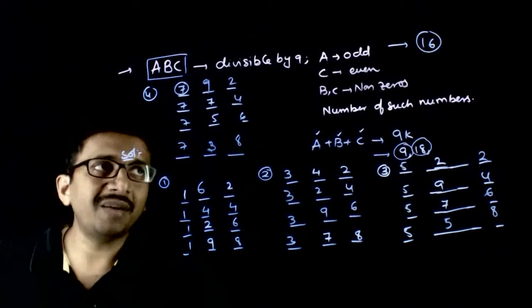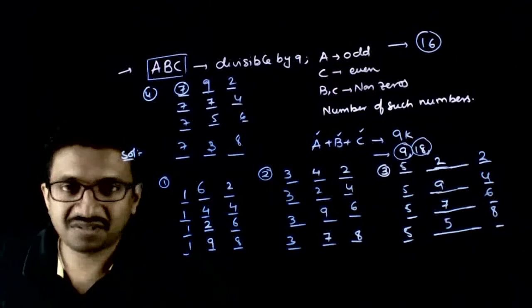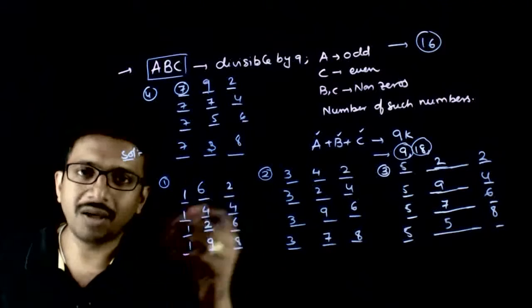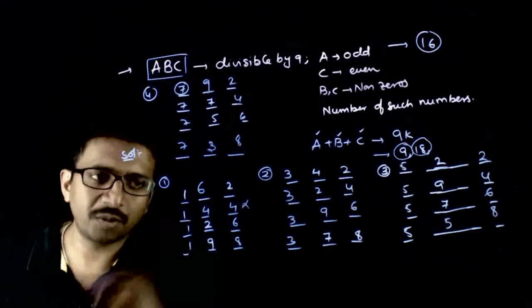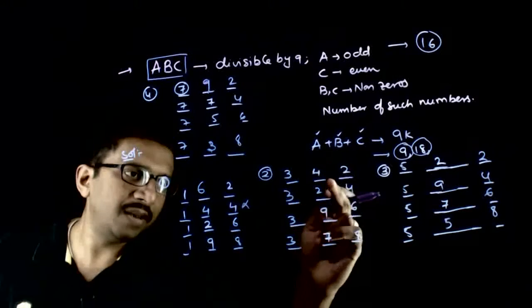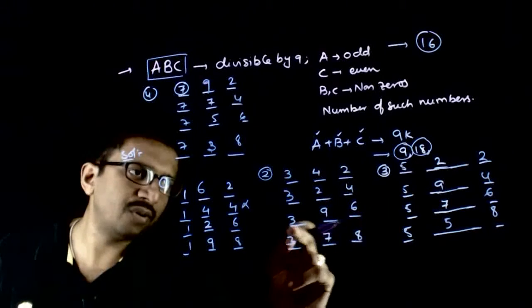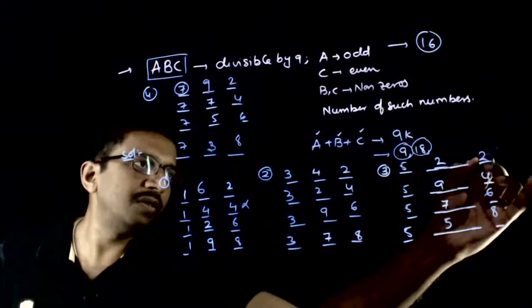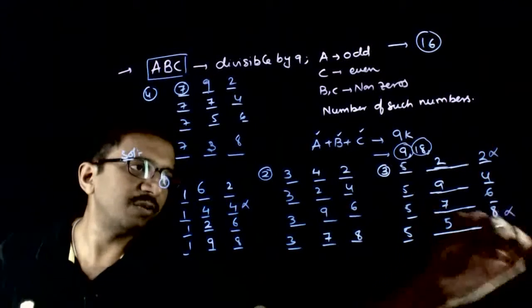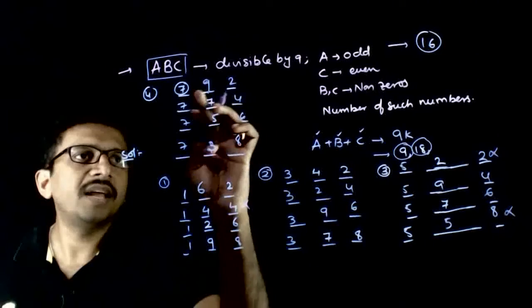Again, if you are given that A, B, C are three different digits, then you won't get all 16. If A, B, C are all different, some options get eliminated. In the case of 3, the options 3, 4, 2, 3, 2, 4 and 3, 9, 6 have no elimination. In the other cases, some have to be eliminated, such as 7, 9, 2.